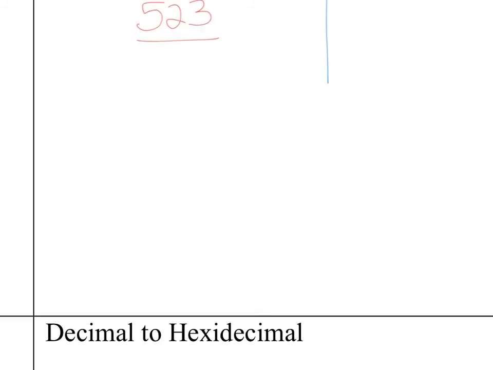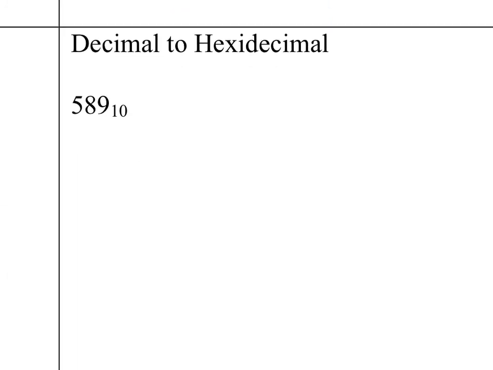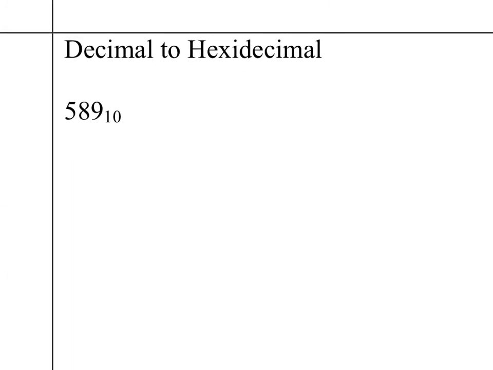Okay? And then we do the exact same thing with hexadecimal. We're going from decimal to something else, so we divide by the base. So the base is 16. I'm going to go to blue: remainder, quotient.